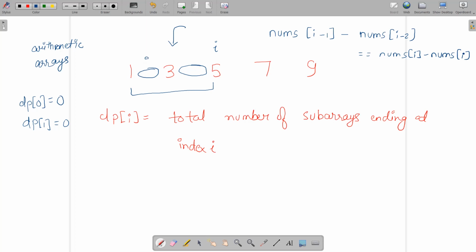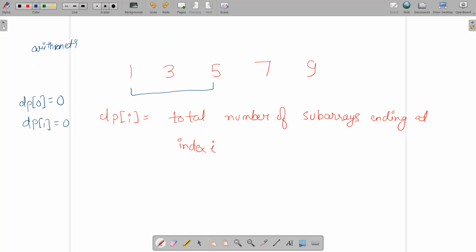If it is the same, which is 2, then you will say yes. It suggests that you can have subarrays ending at this index i, so the count is incremented by 1. One of the subarrays is this one. So you will write dp of 2 will be 1. This is the main idea if you are working at this second position.